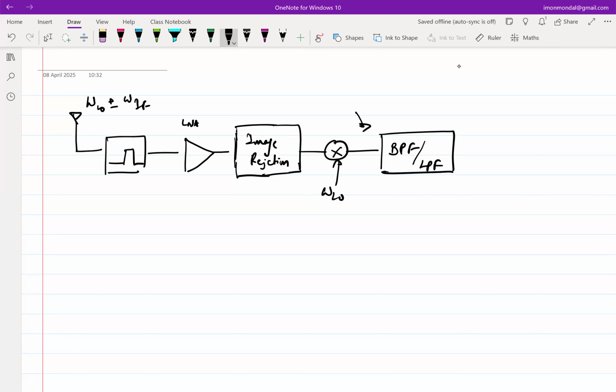So after down conversion, you are going to have signals at omega IF, not around DC. Now if you choose omega IF to be 100 megahertz or 200 megahertz or 500 megahertz, then probably it's better to make a band pass filter than a low pass filter, significantly at a higher frequency. If it's like 10 megahertz or something, then a low pass filter will also suffice.